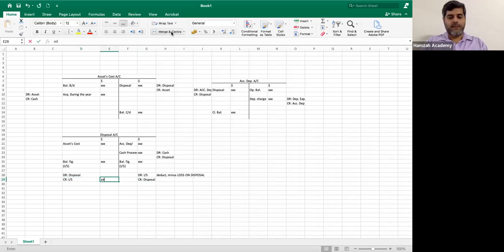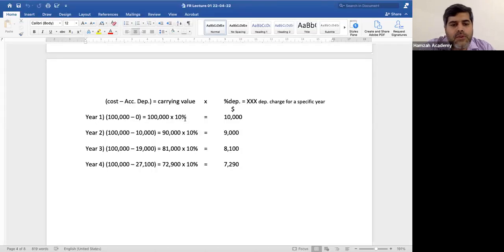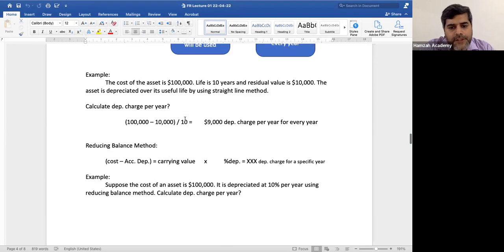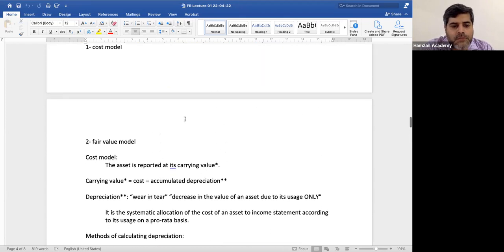Credit means add, and it is the profit on disposal. This is something we have read so far as our cost account basically permits us.